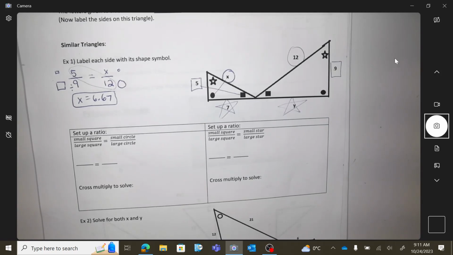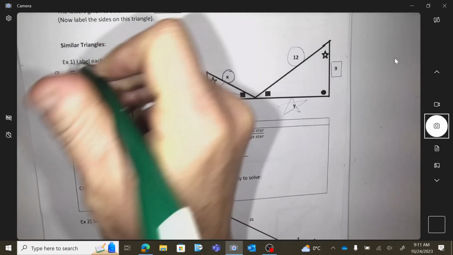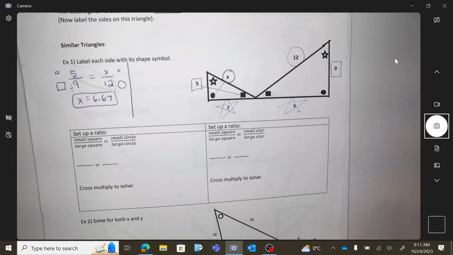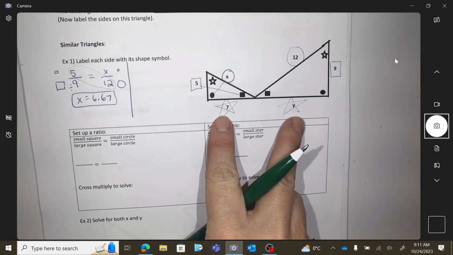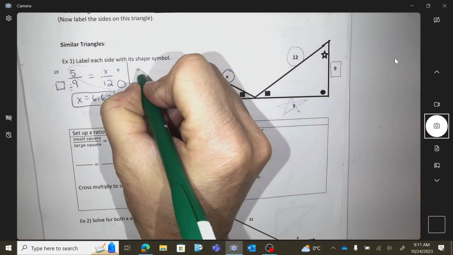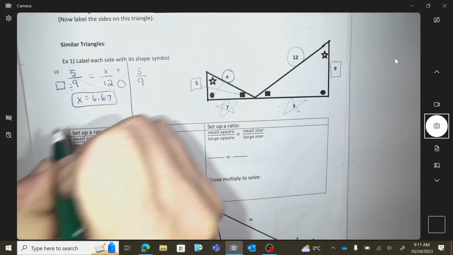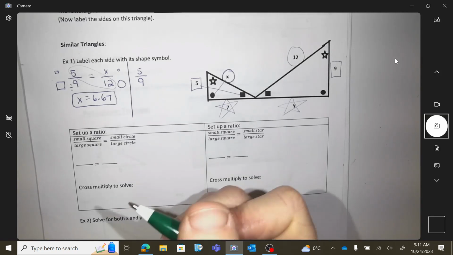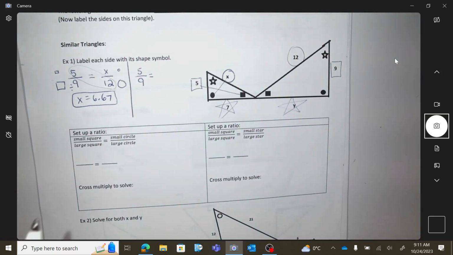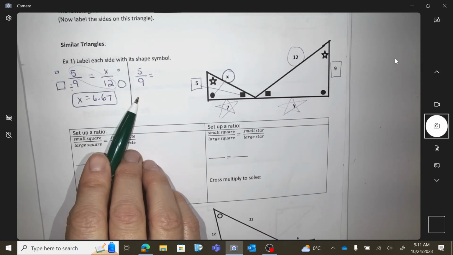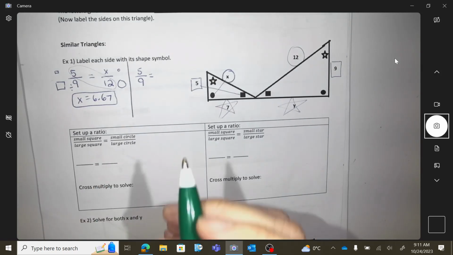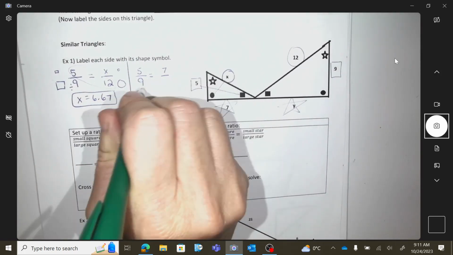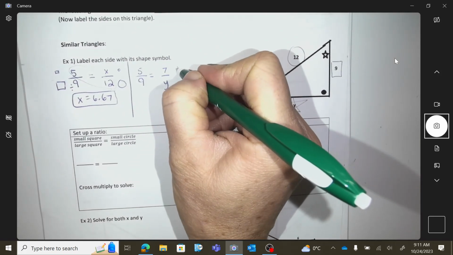Okay, I'm going to do the same thing, except I'm going to do it with the stars. So the little square to the big square, and I'm always using those because those are the two numbers that I can match. Little square to big square will be the same as little star to big star.